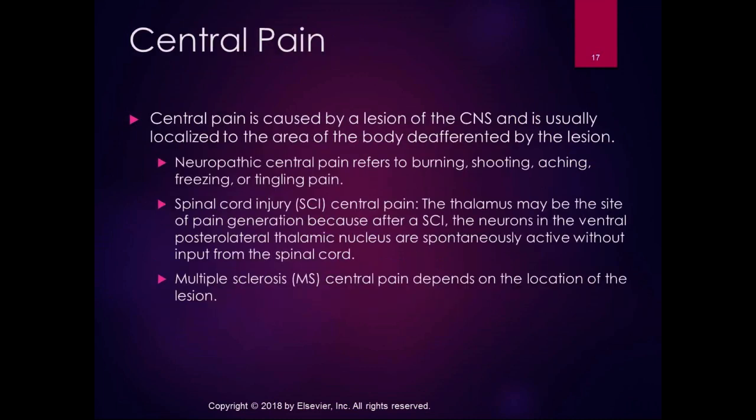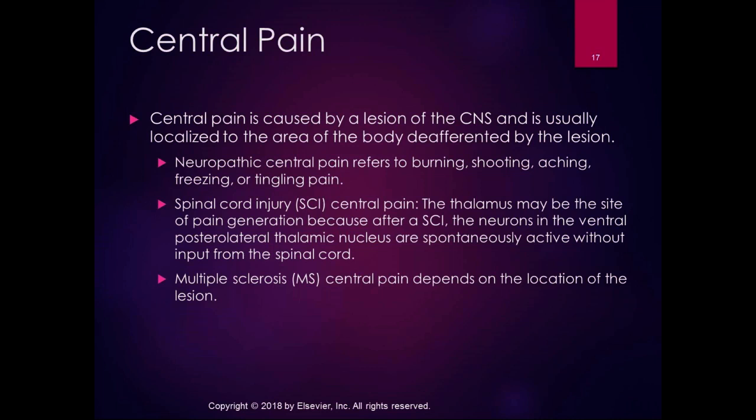So central pain is caused by a lesion of the central nervous system, and it's usually localized to the area of the body deafferented by the lesion. That would be someone who has MS or has had a CVA or something like that, and so part of their central nervous system got deafferented because of the lesion.